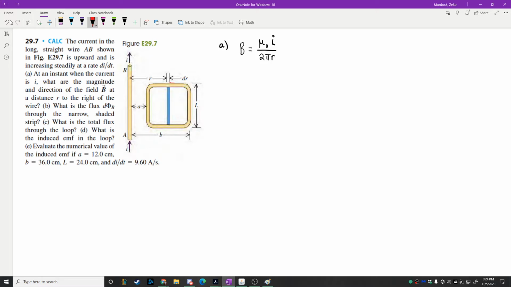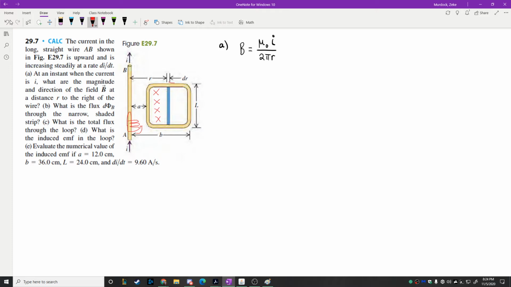The rule is you point your thumb like this, and then the fingers of your right hand curl like this. If you swing your fingers in the direction they would normally curl, it gives you the direction of the magnetic field. So I would say the magnetic field in this case is going to be into the page.